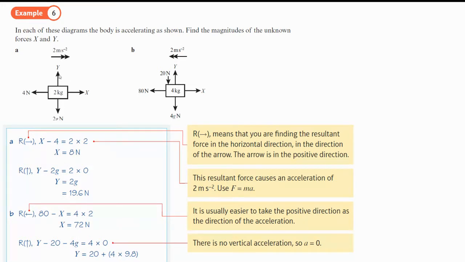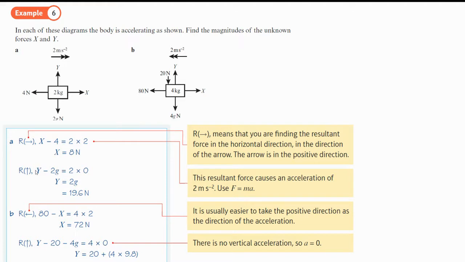Then if we have a look vertically for y, it's not moving vertically at all. There's no acceleration. So we're going to put y take away 2g. It will work out the same if we put 2g take away y. It's just more convenient to put what we're looking for first.